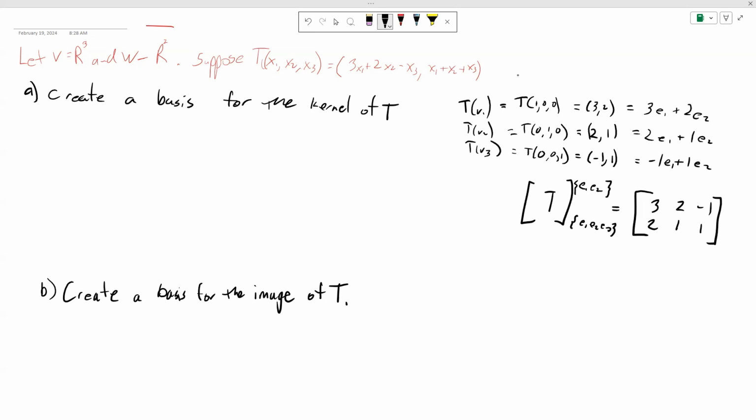Now, to calculate the kernel, what we're going to do is take a linear combination: A times (3, 2) plus B times (2, 1) plus C times (-1, 1) equals the 0 vector.